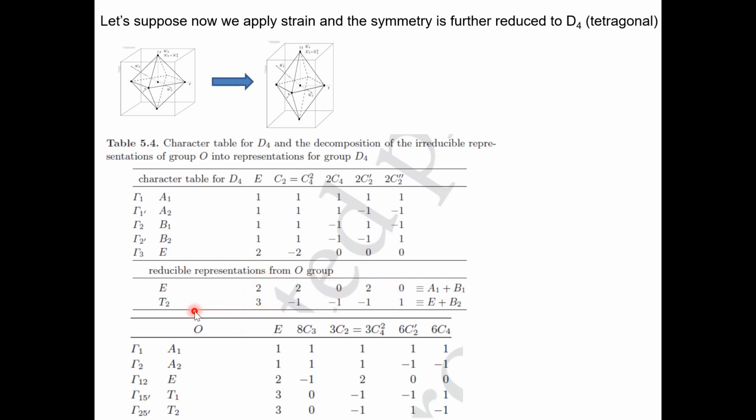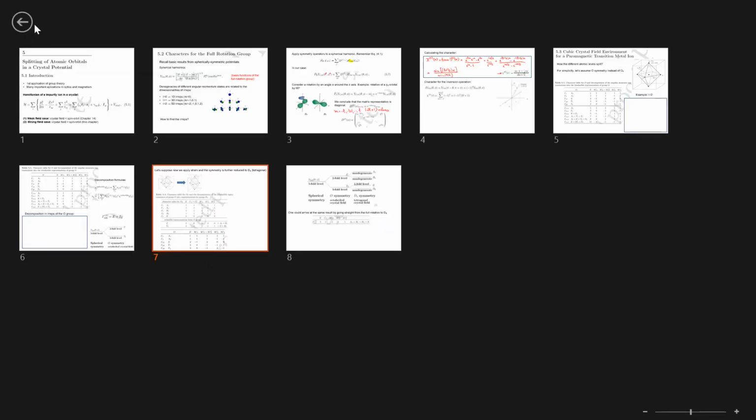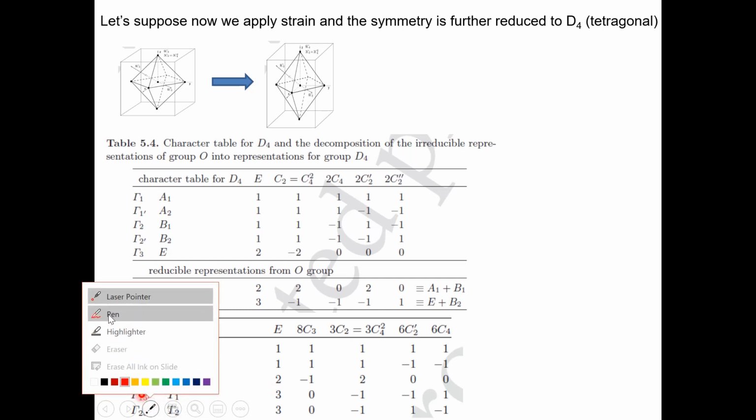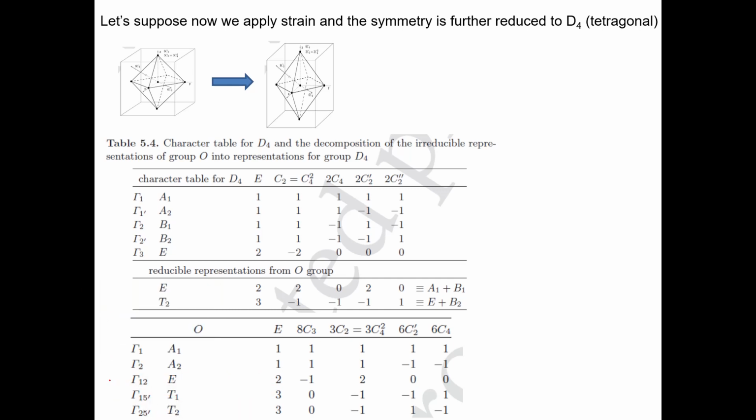So this is the character table for the O group, right? This is what I had before, and I had these two different symmetry operations. I have to focus, oops, sorry, I have to focus on these two different representations, E and T2. Cannot write here, so this is T2. Okay, and these are the characters.